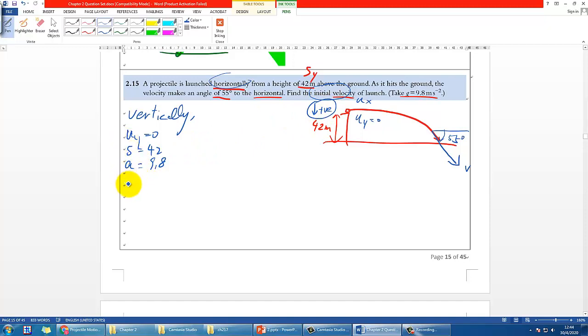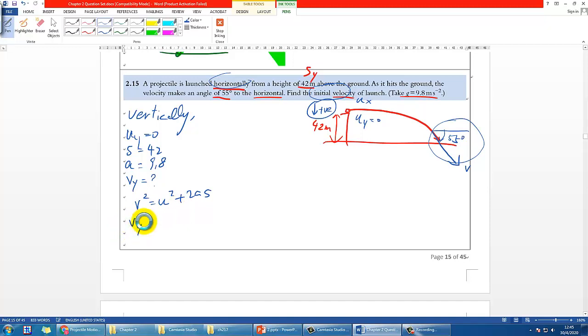And I want to find VY, because at the end of the day you need to use the information of 55 degrees, which is related to Vy and Vx. So we want to find Vy, and from that we use the equation V squared equals U squared plus 2AS.